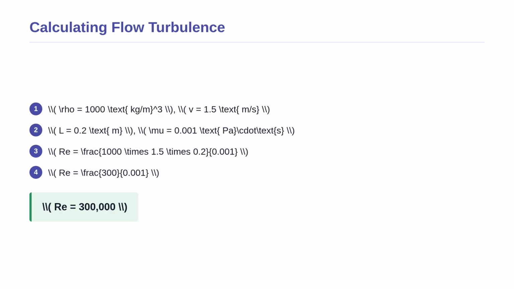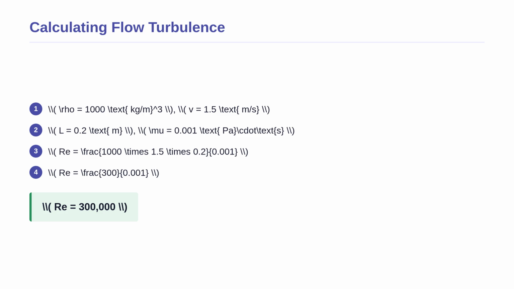Let us evaluate the physical conditions of a mountain stream to see if it provides enough turbulence. We are given a water density of 1,000, a velocity of 1.5 meters per second, a rock diameter of 0.2 meters, and a viscosity of 0.001. We plug these values into our formula.